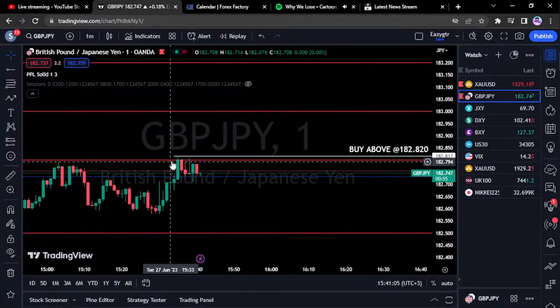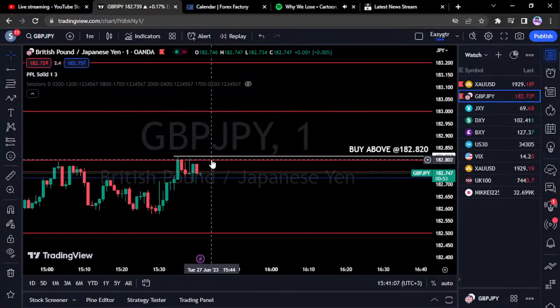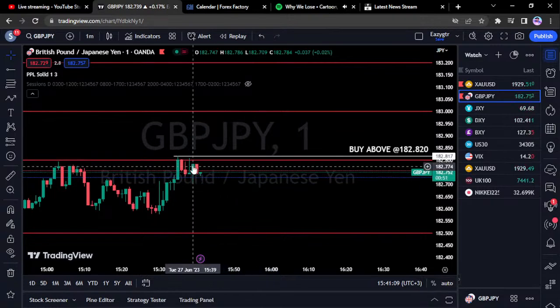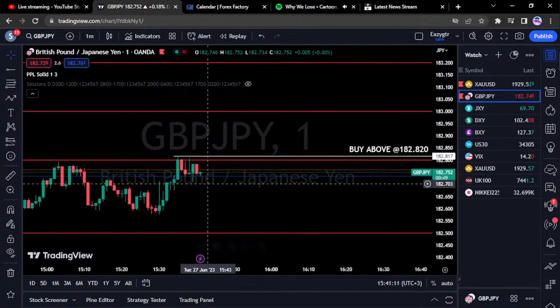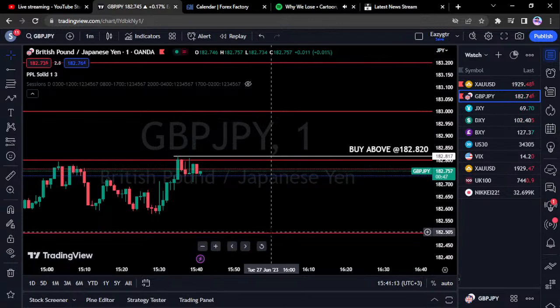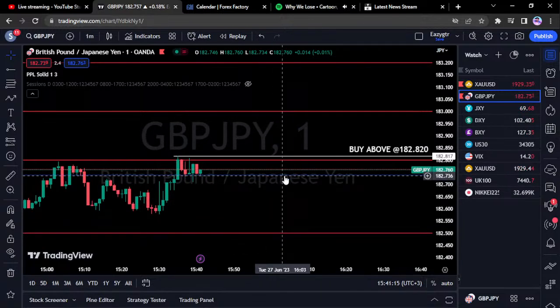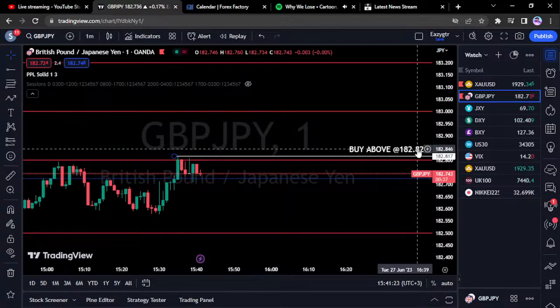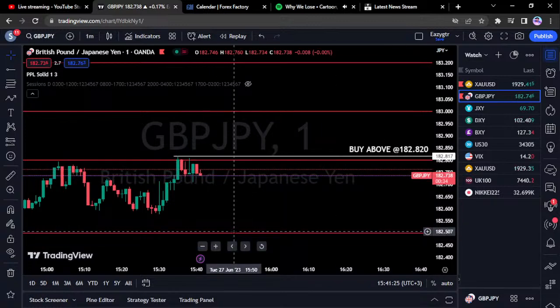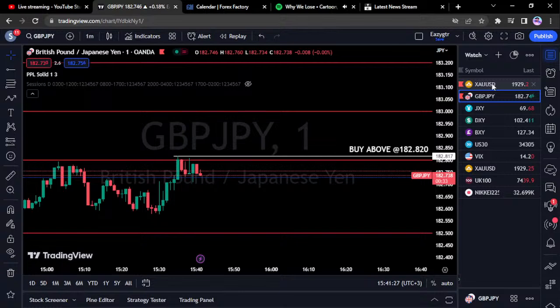And if we start seeing flat candles at PPL, it's most likely going to do a deeper pullback to 182.500 before it drives. So either one of the two scenarios will execute: a break above 182.820 or a retest to 182.500.